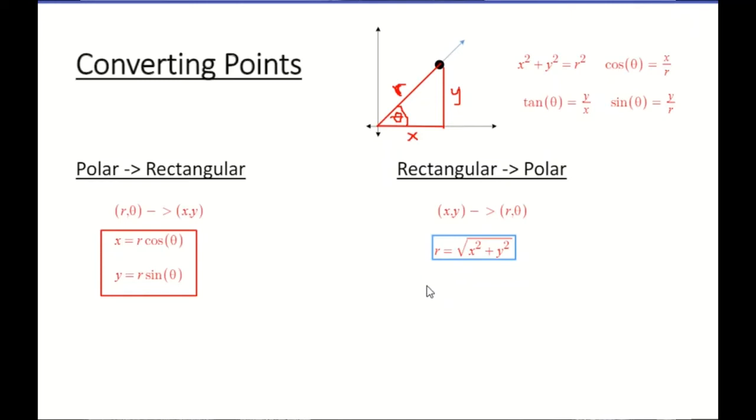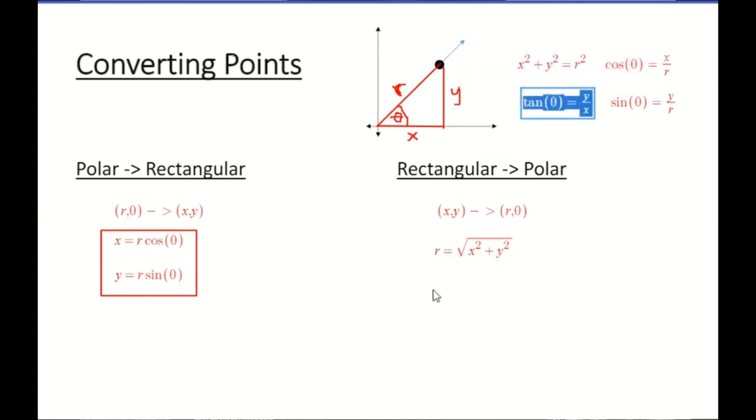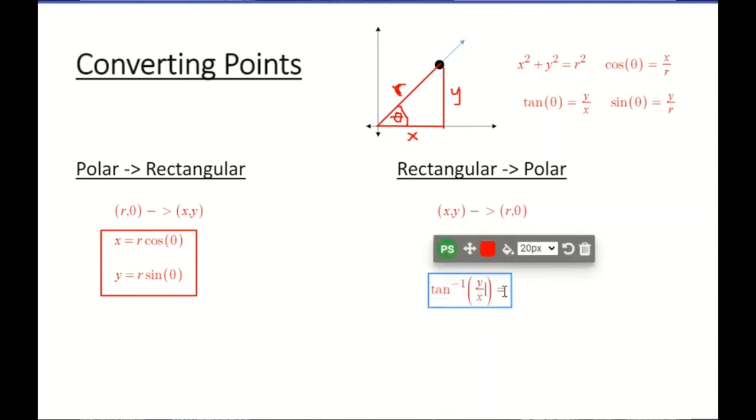Now to find theta, this is really the only tricky part here, because to solve for theta in this tangent function, we need to take the inverse tangent of both sides. Now when we do that, we run into a little bit of an issue because of the domain restriction that exists for the inverse tangent function.